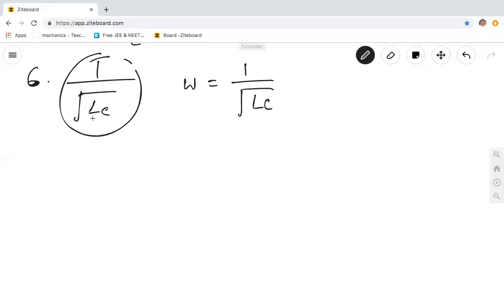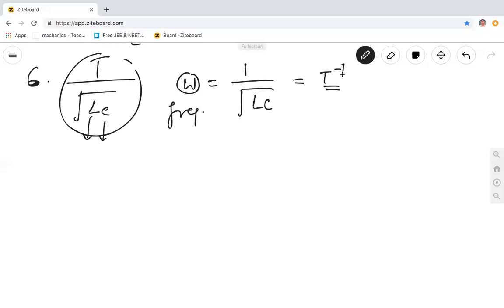Otherwise, you may have to substitute L and substitute C also. But let me do it this way, and let me do it the other way around also. I will substitute C, I will substitute L, and then I should be able to get the same answer. But presently, omega is equal to 1 by root of LC. So it is just equal to frequency. Frequency is T minus 1.